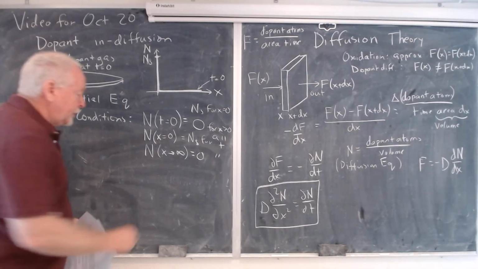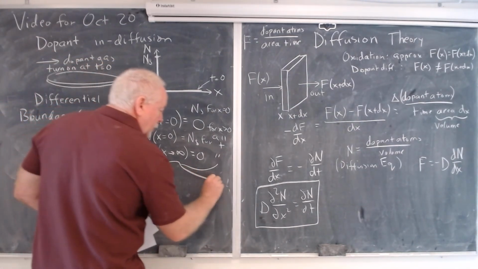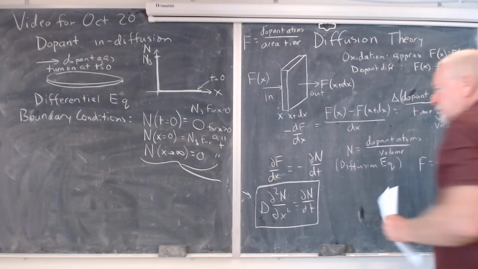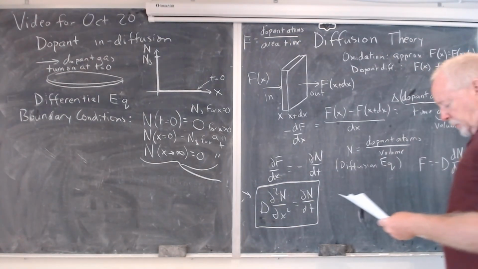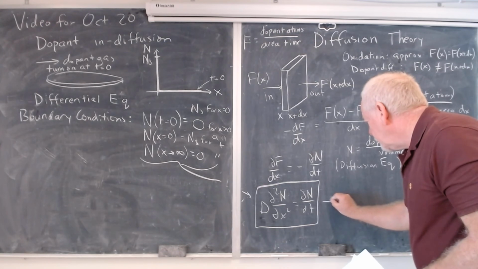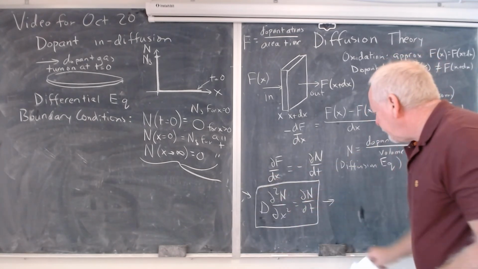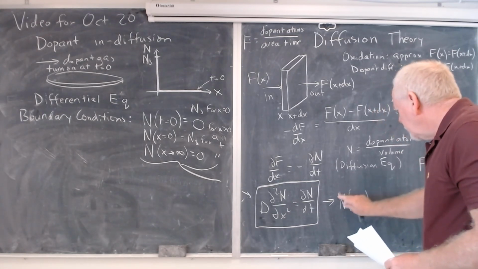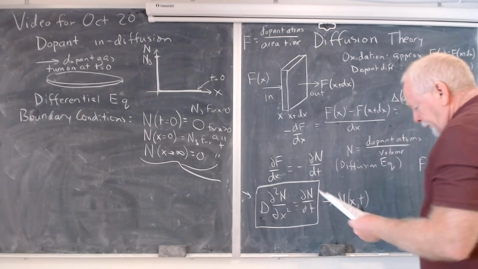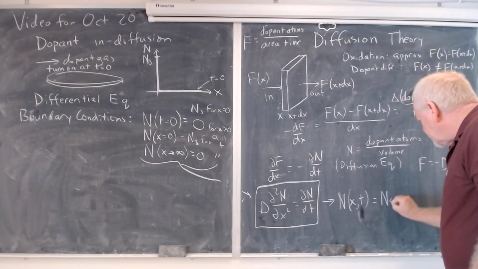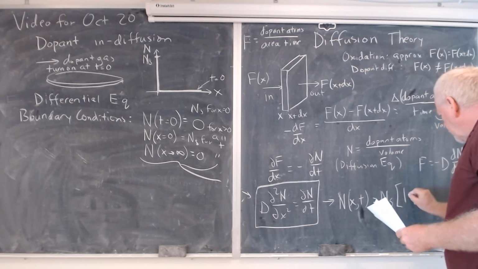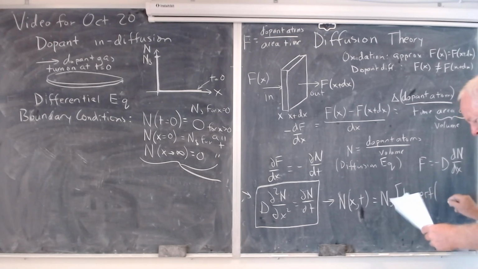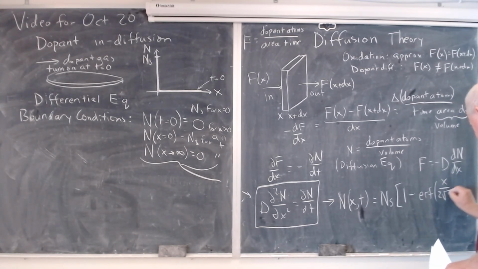And it turns out that if you plug those into that equation, the nice thing here is that someone has done this for you. You plug those boundary conditions into that differential equation and it spits out a solution: N of x and t, so there are two independent variables, space and time, is equal to N sub S times 1 minus what's called the error function of x over 2 times the square root of Dt.